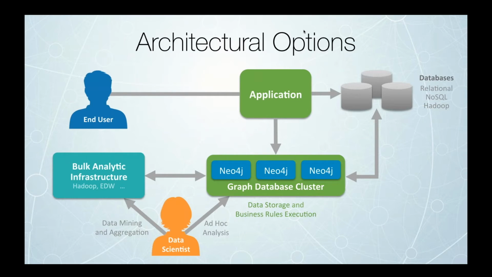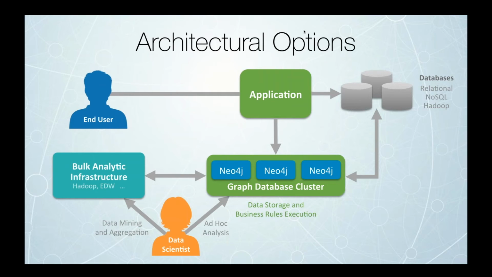And Near4J works very well in a polyglot environment, so it's no longer the case where we're using a single database to power our application. We live in a polyglot world, so our databases are often used together to power a single application. There are tools for Near4J to work in that type of environment. So here's a simple example where we've deployed a Near4J cluster.